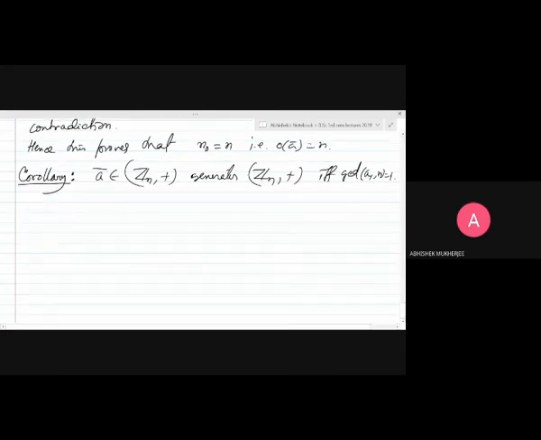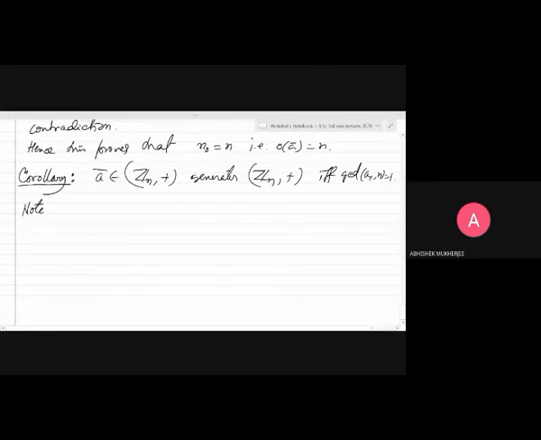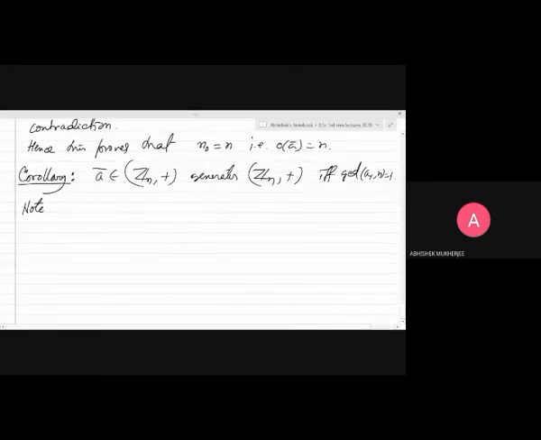Okay. So I would like to write down one more note regarding the discussion that I have already depicted in some previous lines.